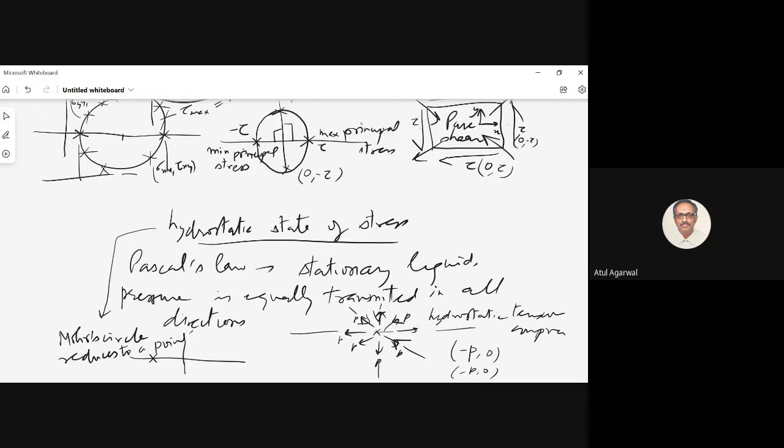So you have only a normal stress, and it will be the same in all directions only when the Mohr circle is a point. Otherwise, if you have a circle kind of a thing, then you cannot have the same normal stress at every point. That is not possible. Different points will have different normal stress. So that can happen only when the Mohr circle reduces to a point. This is one very important example.